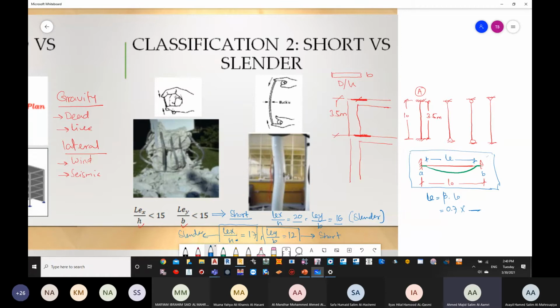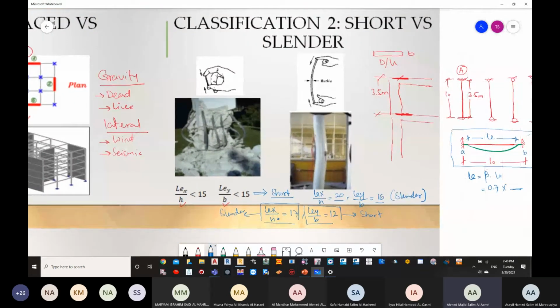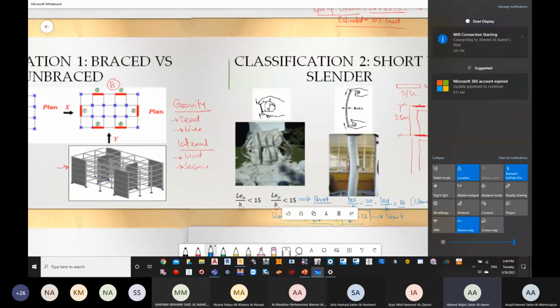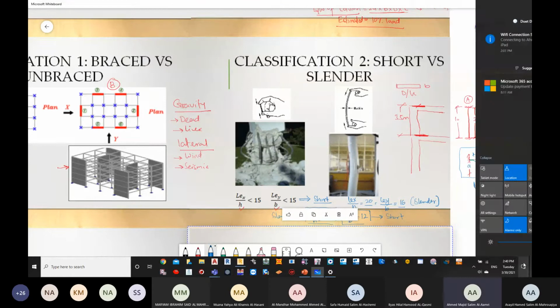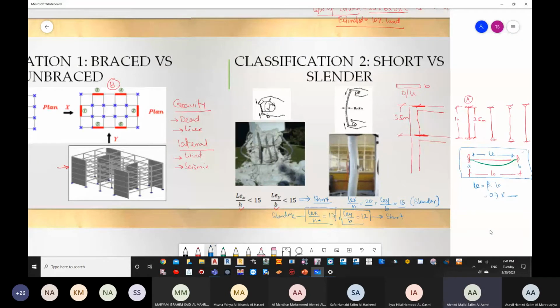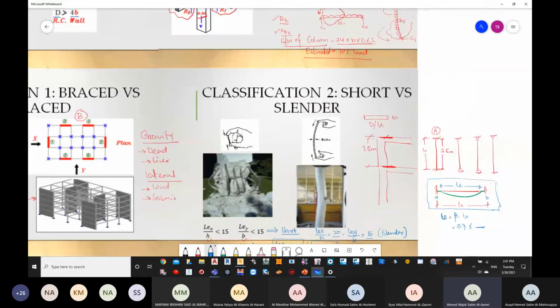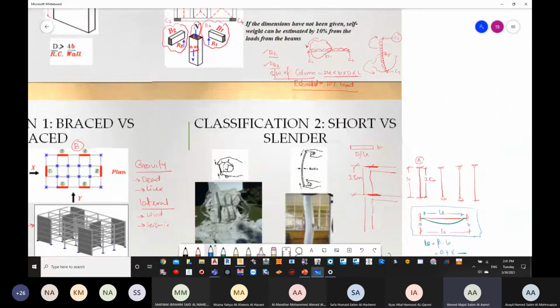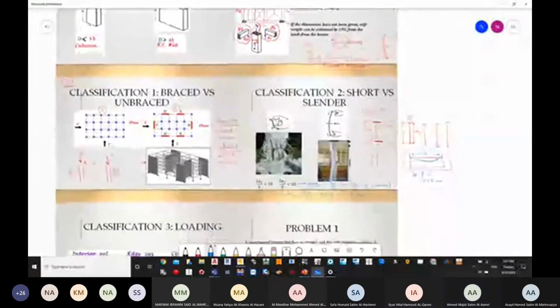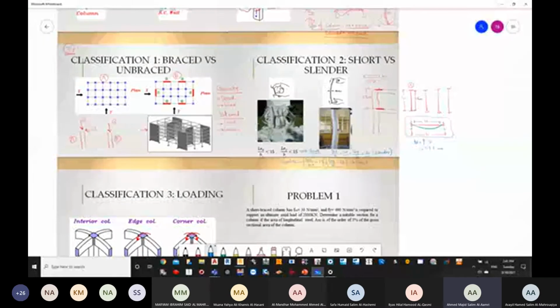Now, from these two classifications, why have we explained them? We explained them for a reason: whatever we are going to design, or whatever is most available in real structures, is the braced short column.